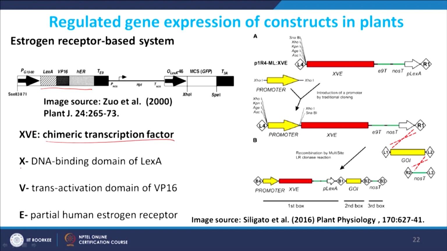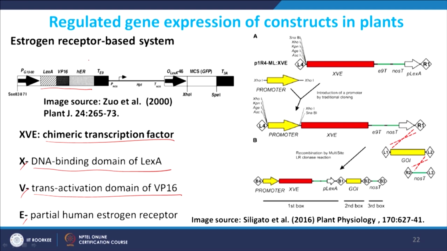There are 3 components: X, V and E. X is the DNA binding domain of the LexA protein, LexA is from bacteria, and then V is the transactivation domain of the VP16 protein, which is from a virus, and then E is the human estrogen receptor.